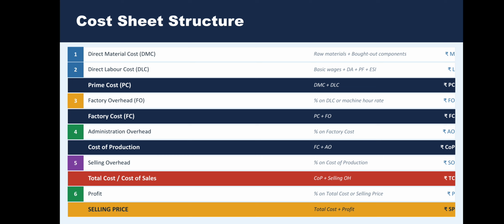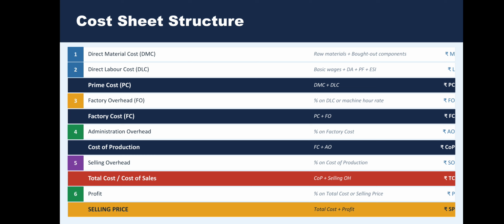Prime cost is the DMC plus DLC. By the above equation, we can find out prime cost. Simply, prime cost PC is equal to DMC plus DLC. DMC means direct material cost, DLC means direct labor cost.